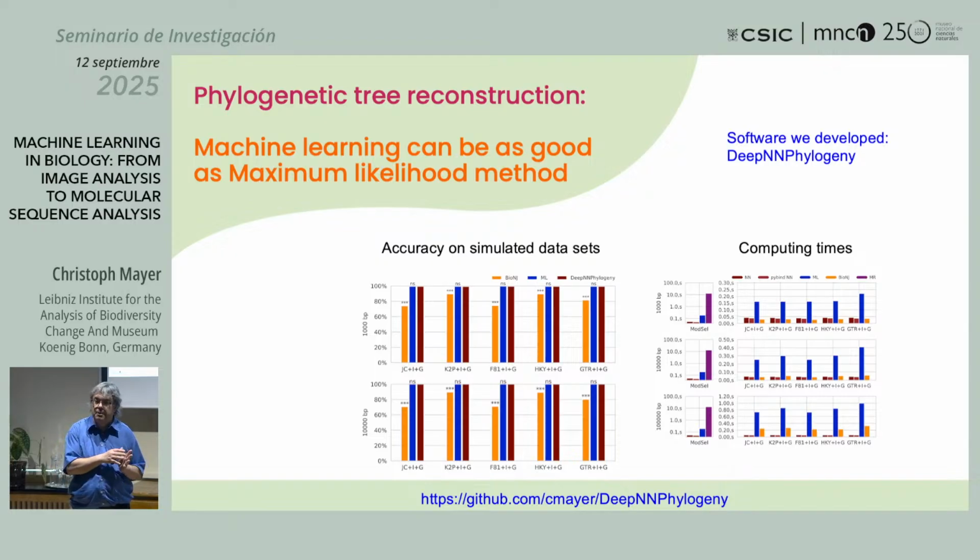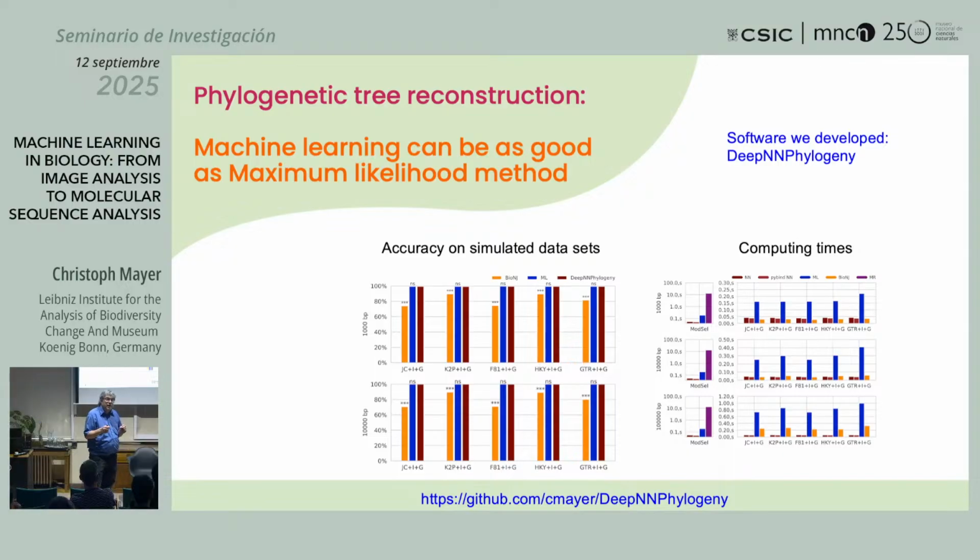Normally we do that, for example, with maximum likelihood. Maximum likelihood looks at all the sites and finds the most likely explanation for that tree. We had the idea to use machine learning for that. Basically, take the site patterns.